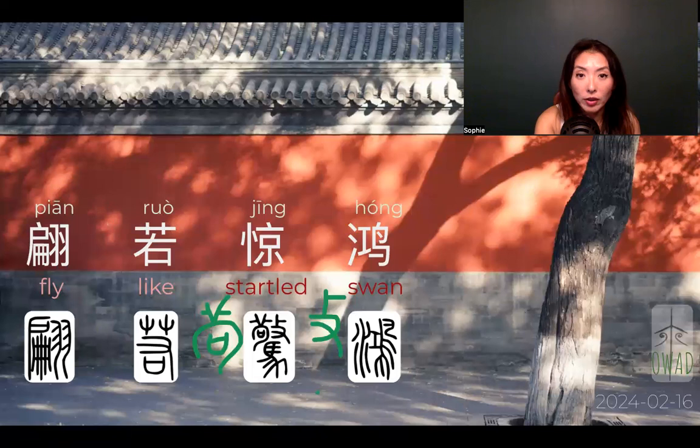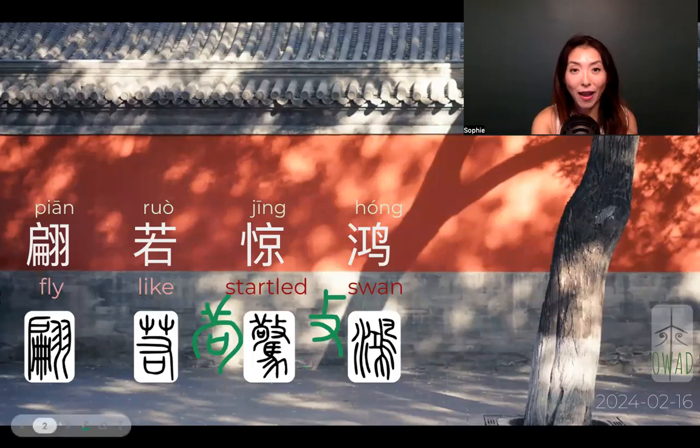Paired with the horse together, it's almost like inflicting some sort of pain or confinement on the horse. Make the horse startle. I hope that makes sense. But this is 惊, which came from surprising the horse with confinement.